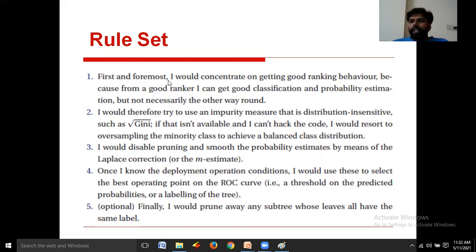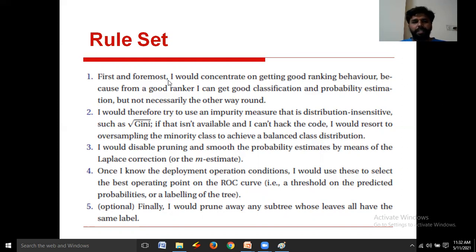Entropy and Gini index are sensitive while handling the data, whereas square root Gini is insensitive. It will always give correct results. Because of that reason, you better prefer square root Gini.